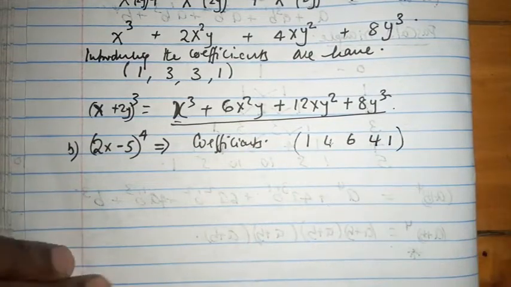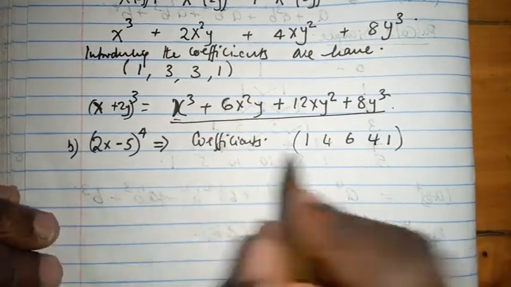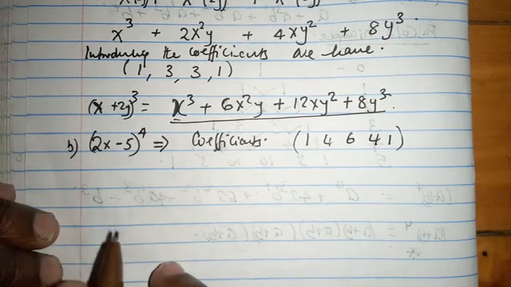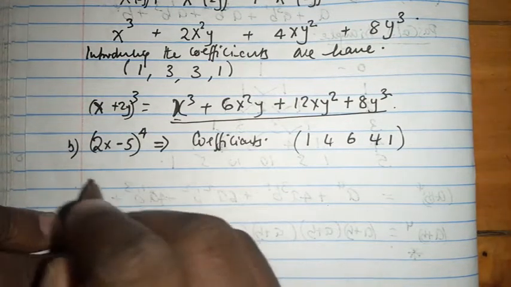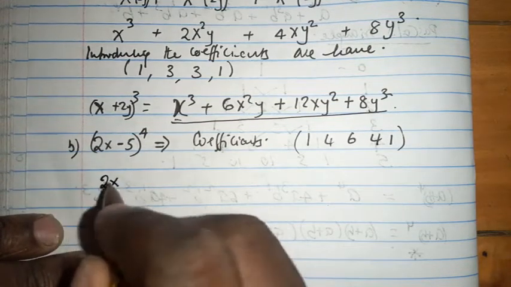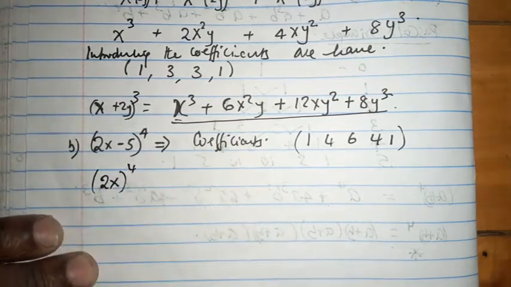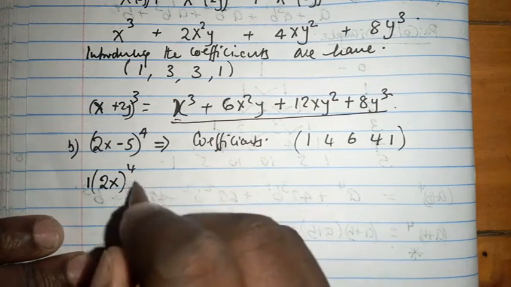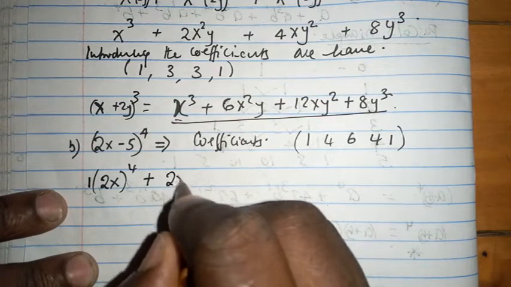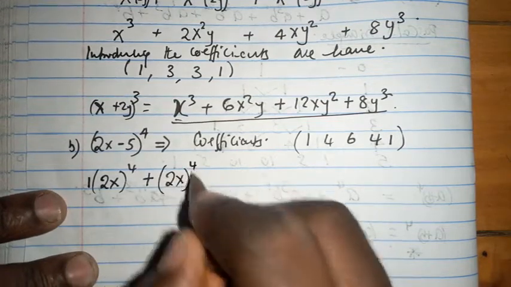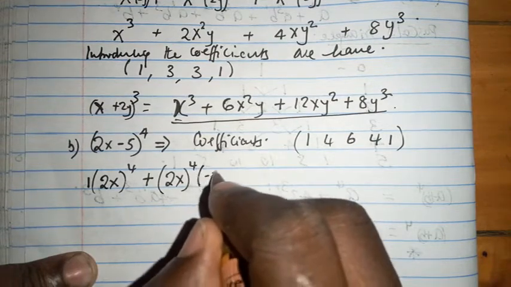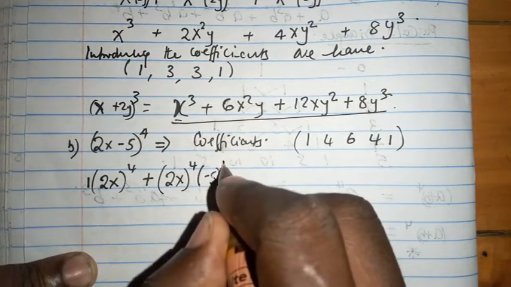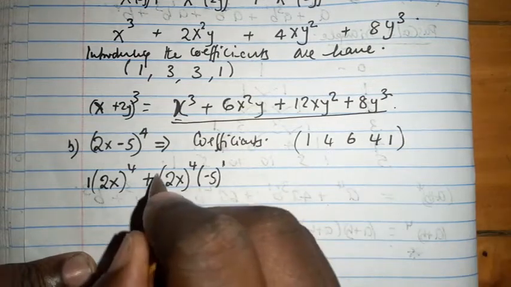Those are the coefficients. So expanding this with coefficients in mind so that we can just finish it once and for all. We have 2x raised to power 4, times 1, plus 2x raised to power 4 multiplied by minus 5 raised to power 1, and the coefficient here is 4.